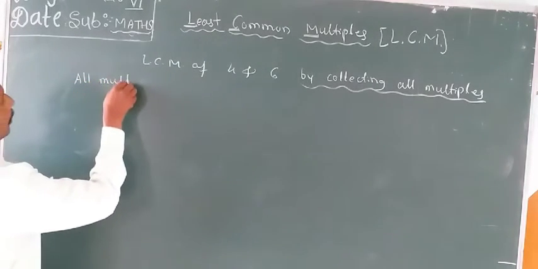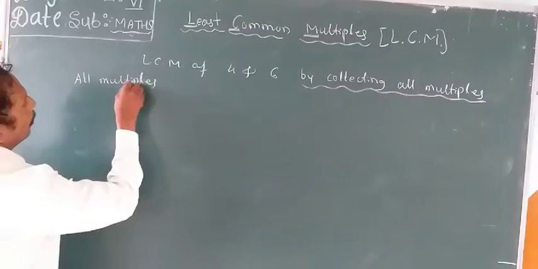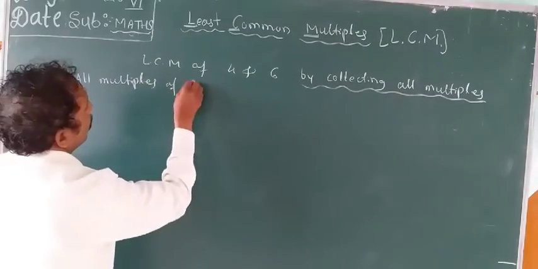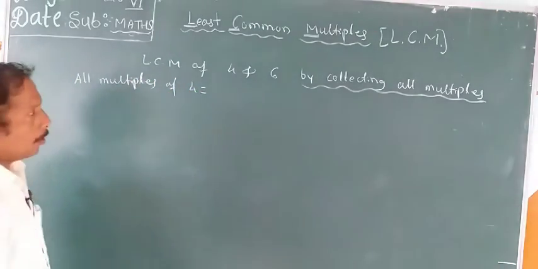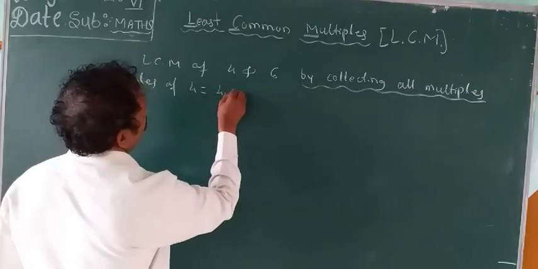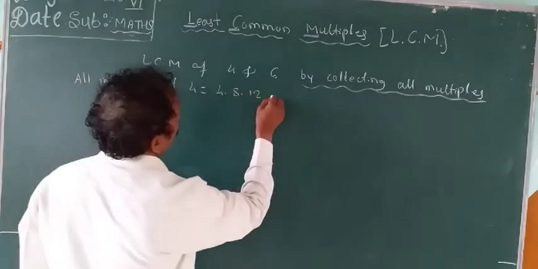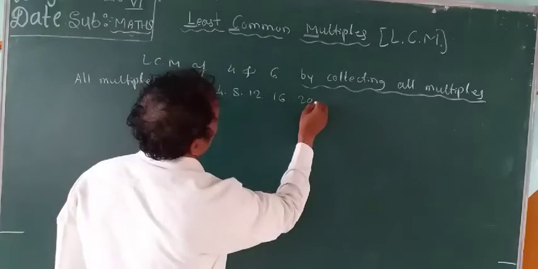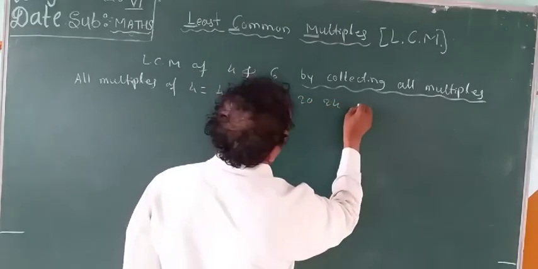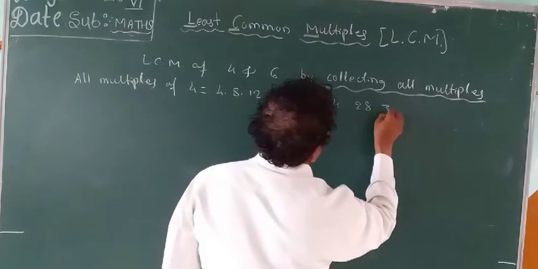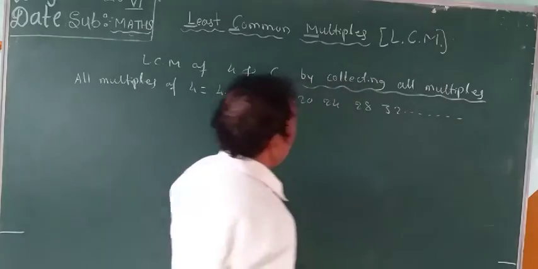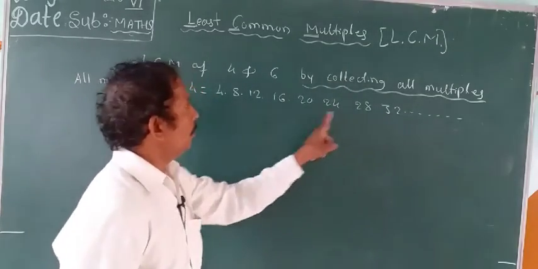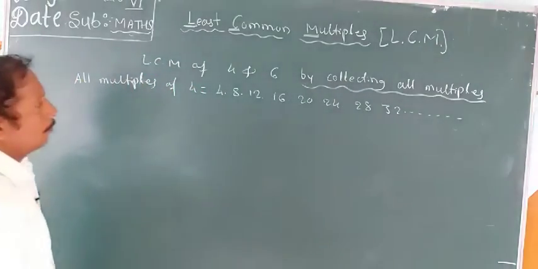All multiples of 4 are 4, 8, 12, 16, 20, 24, 28, 32, etc. All these are the multiples of 4.